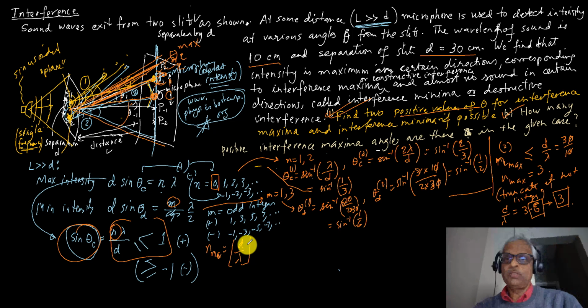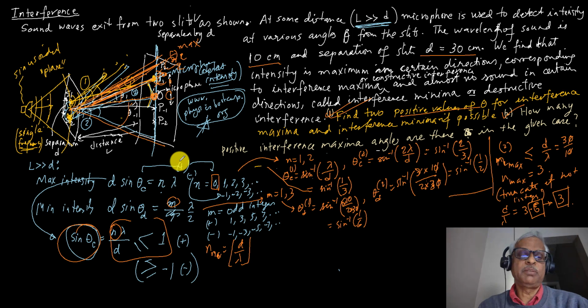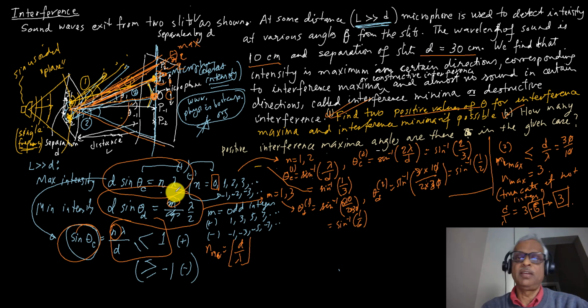Okay, so this solves the problem, but then the question comes, where did I get these formulas? I'm already 12-13 minutes in explaining and solving this problem, so I will send you to this place, and maybe next time I'm going to talk about diffraction.